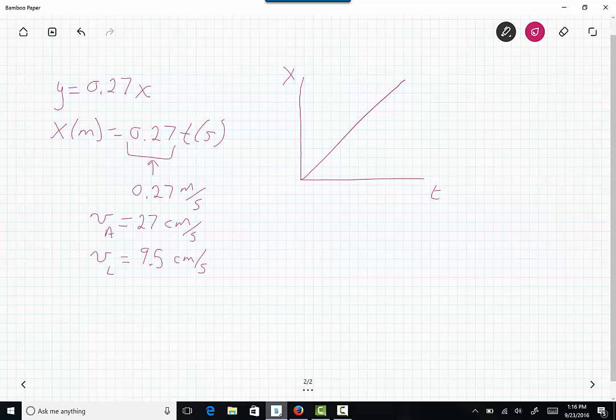Number one thing that we can say about this graph is that because it's a straight line, distance and time are directly proportional.